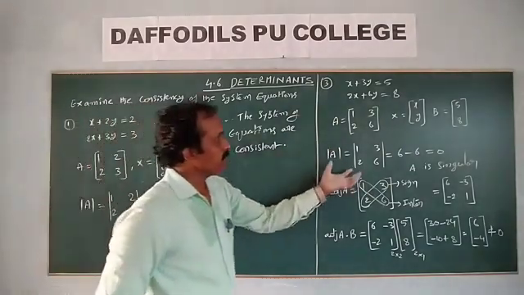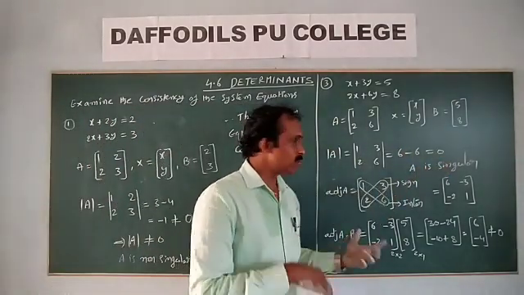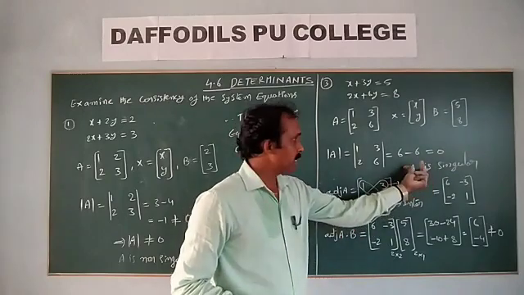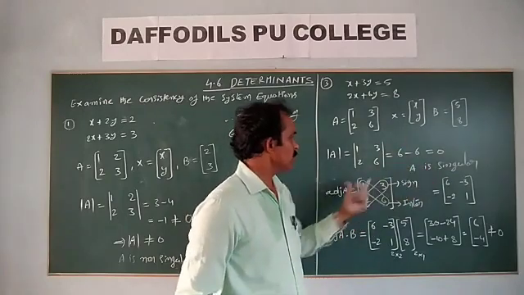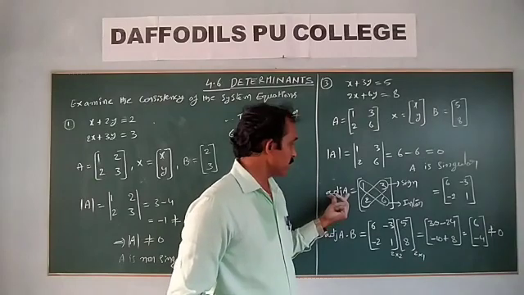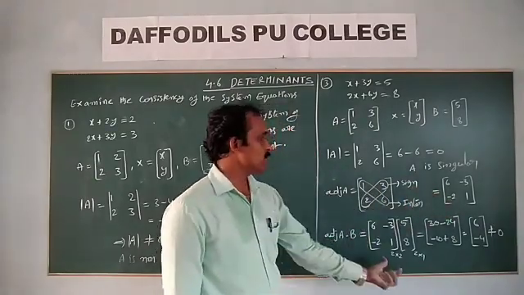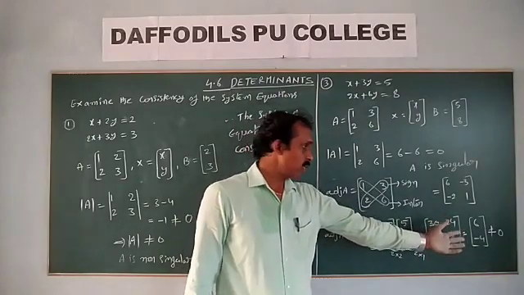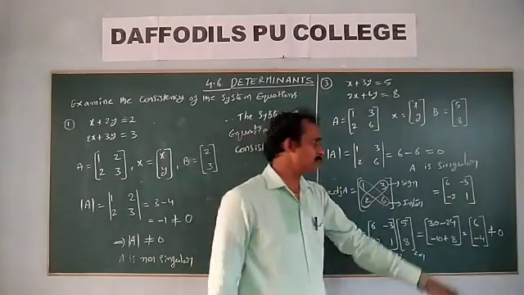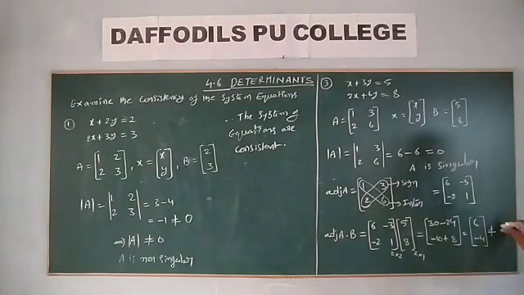And in the third problem, delta is equal to 0, and further we check singular clearly. Here these are inconsistent. But further we also check adjoint A into B is not equal to 0, meaning not equal to the 0 matrix.